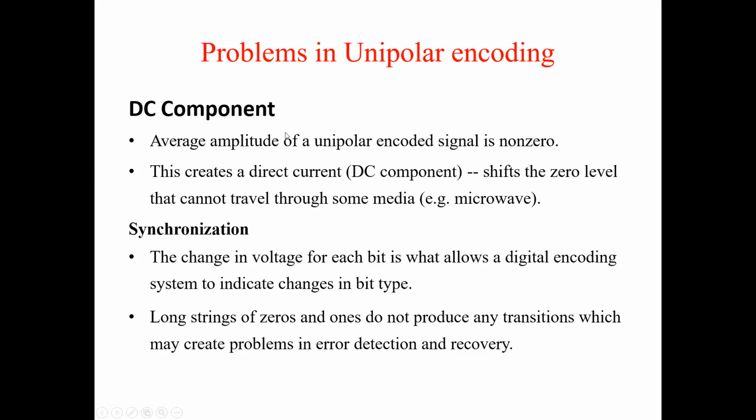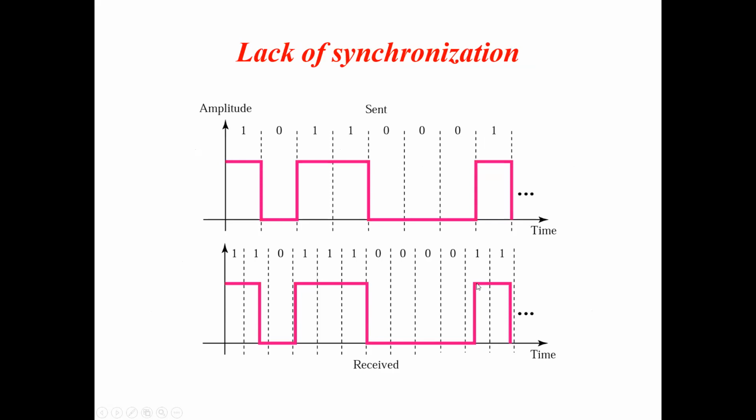You can skip this slide, as the unipolar definitions are right there. Synchronization between the sender and receiver must be done for easier transmission of the data. If there is a lack of synchronization, the signal is sent across and received, and we can see how it is received.